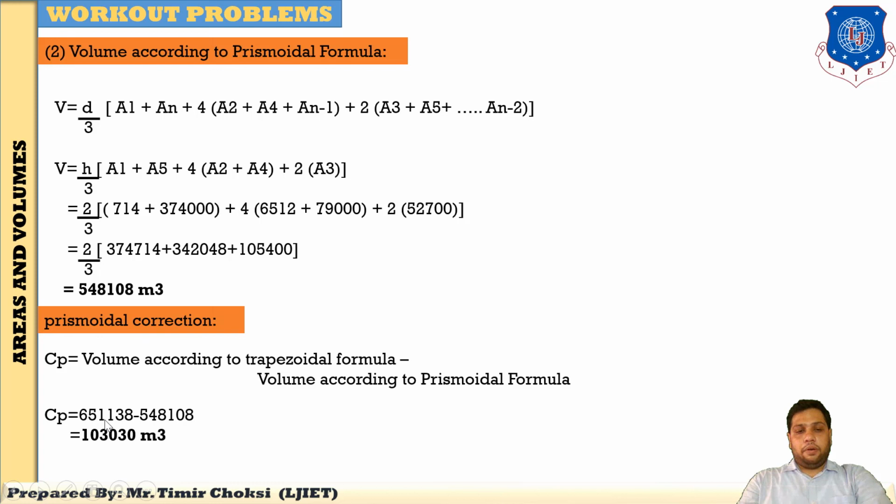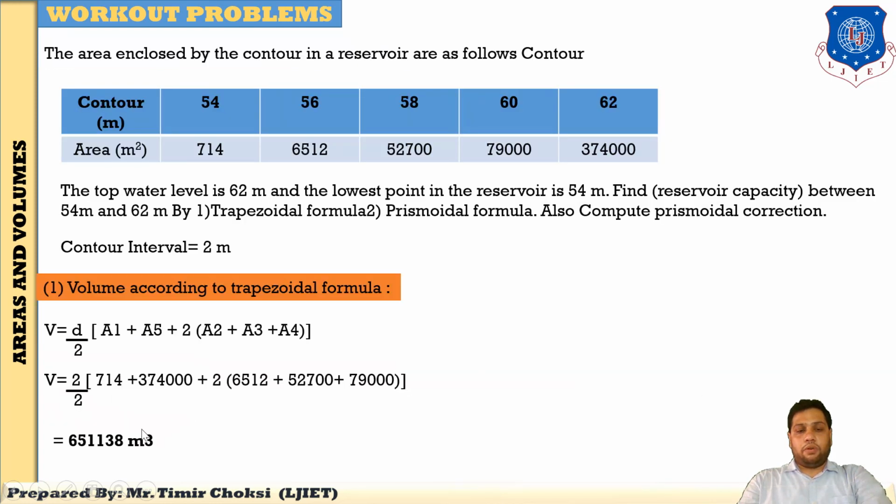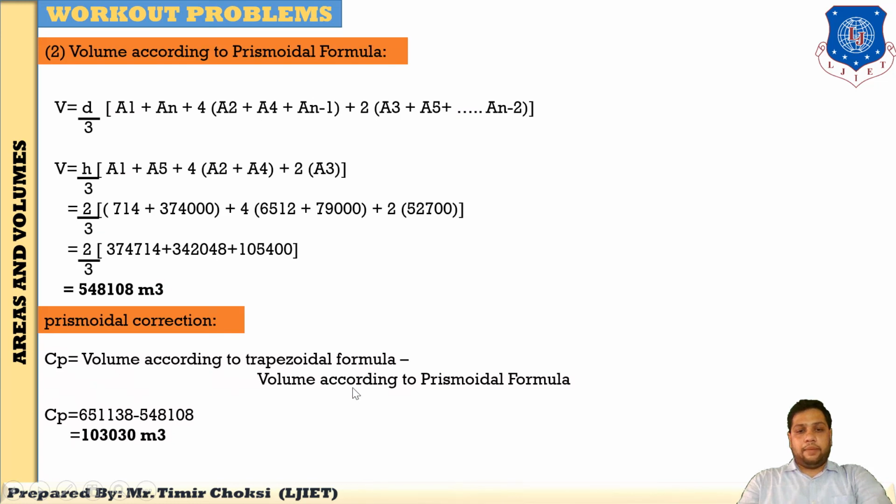So you get 651138 from the trapezoidal formula, minus the volume according to the Prismoidal formula, 4548108 meter cube. So subtract them, and the answer will be 103030 meter cube.